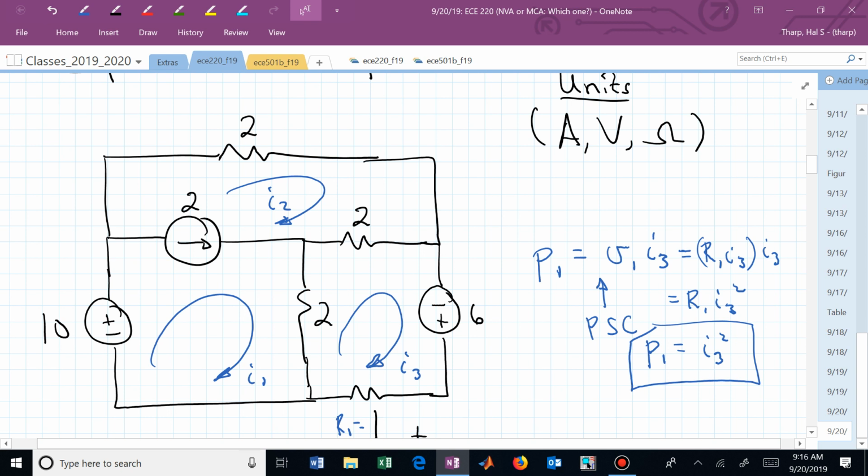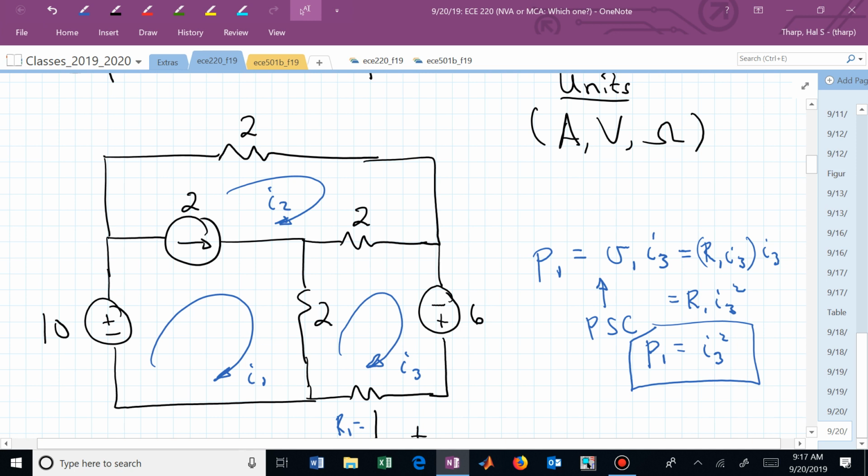Before you get too far into it, you might say, okay, first mesh, KVL for first mesh is minus 10. Oh, there's a current source. I don't know the voltage dropped across it. So I can't write a direct KVL equation without introducing a new variable, and I've learned that I don't need to do that. Now I just need to do a super mesh.